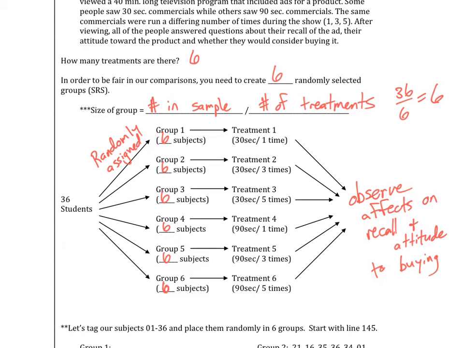So like the 30-second commercial 1 time, you might not recall anything about it. You might not even remember seeing the commercial. But if you saw a 90-second commercial 5 times, you might get so upset and frustrated and just say, I'm never gonna buy that thing, because you're mad about seeing the commercial over and over and over again. So I think we've all seen commercials where we get annoyed by it and we just get ticked, so that could have the same effect.